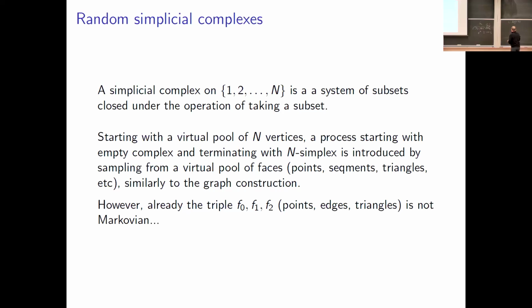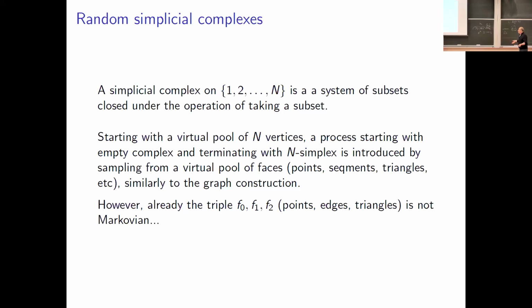Let's have a certain pool of first vertices. You take a point here, you take another point. After you have 2 points, you can put here an edge. After you have 2 edges, you have a triangle, and a triangle potentially has a face. So you can put here a face. And keep on adding virtual elements to the pool and keep on sampling, constructing bigger and bigger simplicial complexes. The question: what sort of structure appears here?